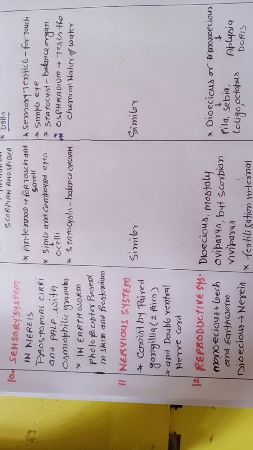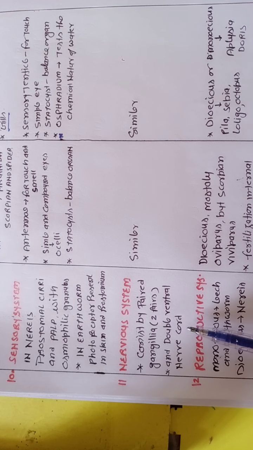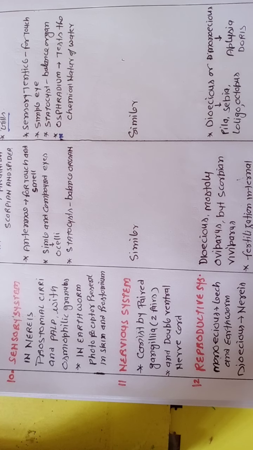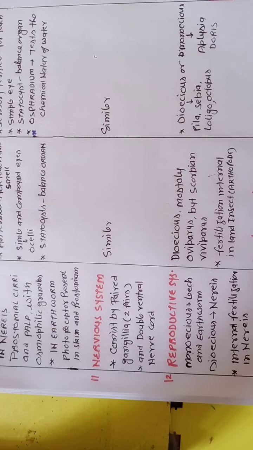Don't think it is single, otherwise single is present in the case of Vertebrata. Here a double ventral nerve cord is present, and this is similar in Arthropoda and Mollusca, so no need to discuss it here. After that, the reproductive system.